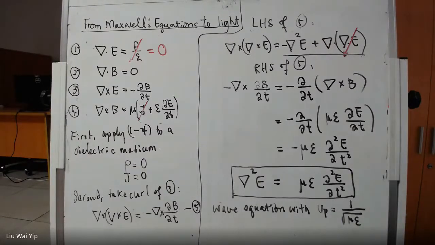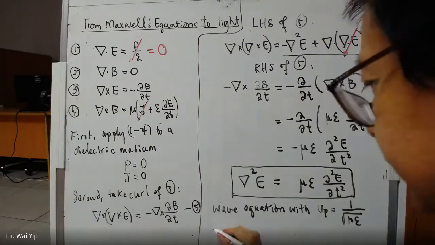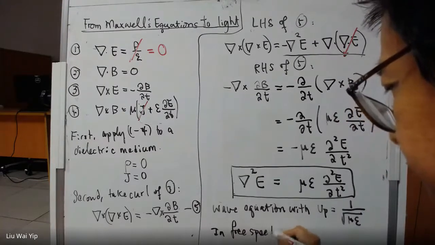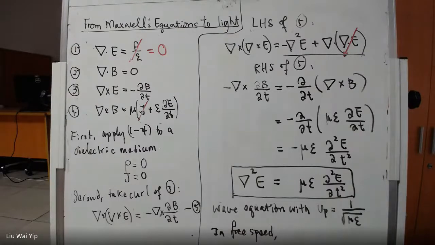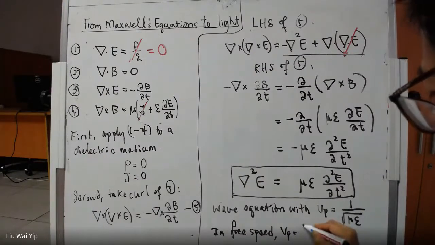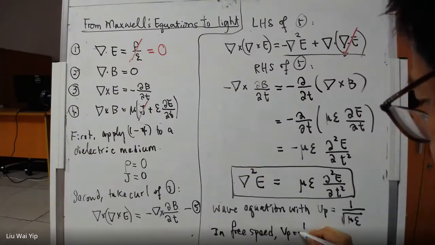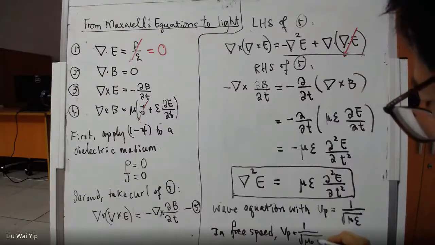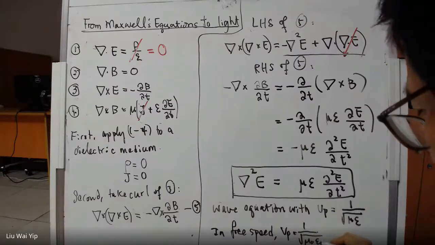And in free space, this propagation velocity Vp is going to be 1 over square root of mu naught and epsilon naught.